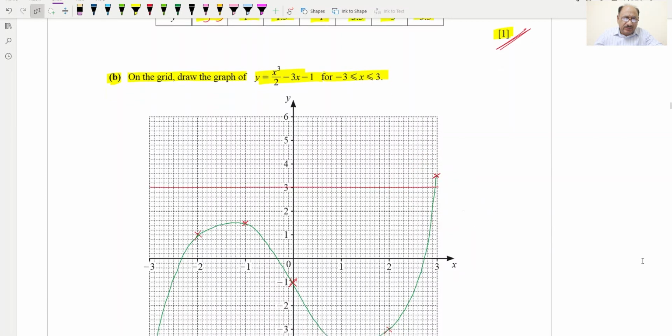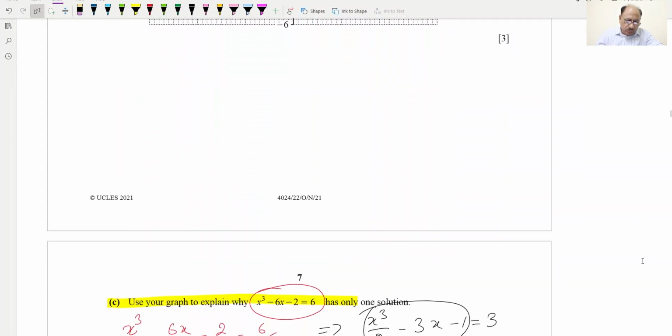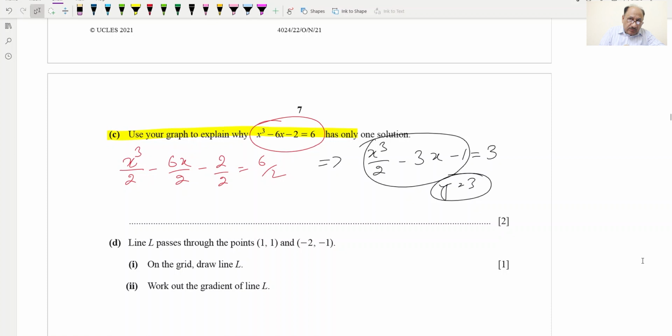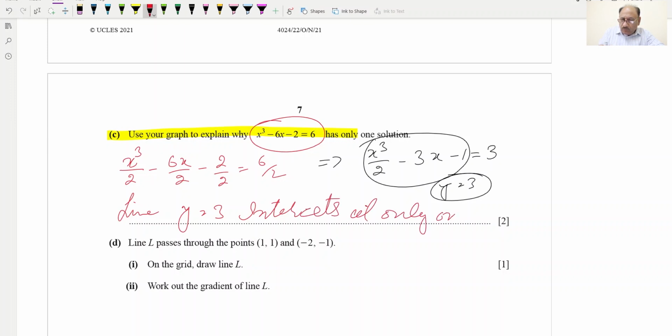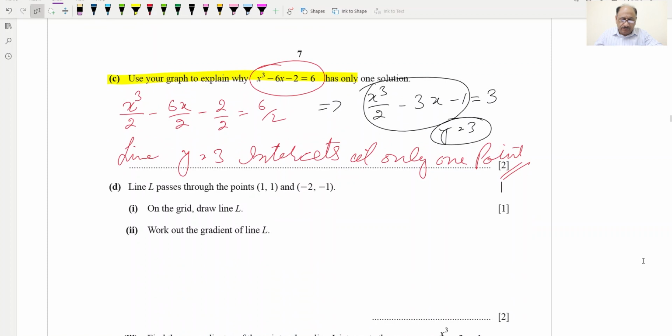So we can say that the line y is equal to 3 intersects at only one point. So that's all. This is a 2-mark question which we are done with.